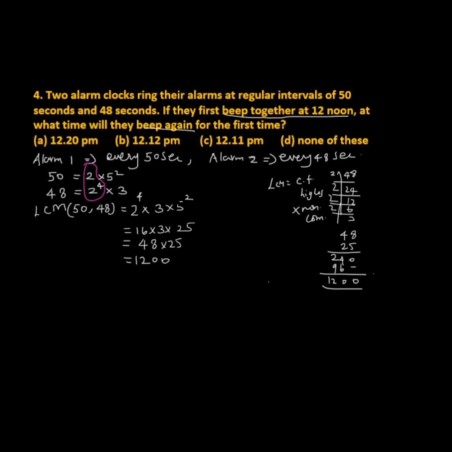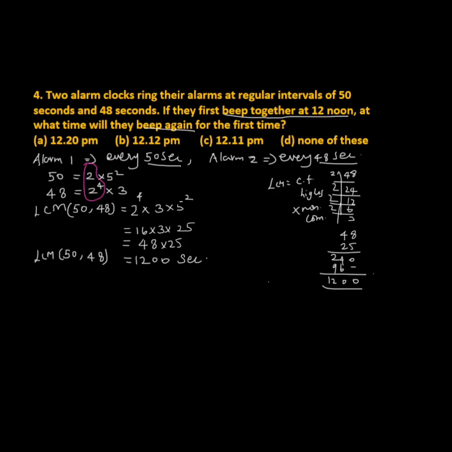What is 1200? We are finding the common multiple of 50 seconds and 48 seconds. So the next common multiple is 1200 seconds. After 12 noon, after 1200 seconds, it will ring.